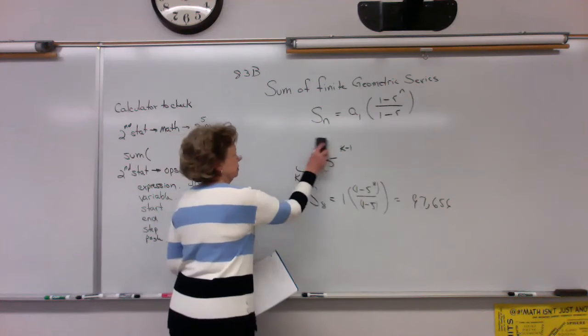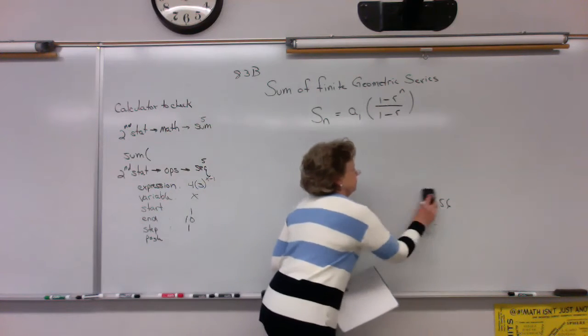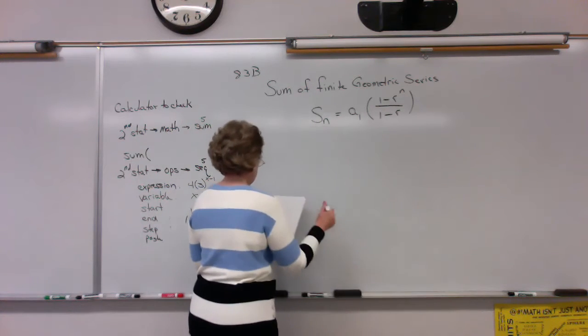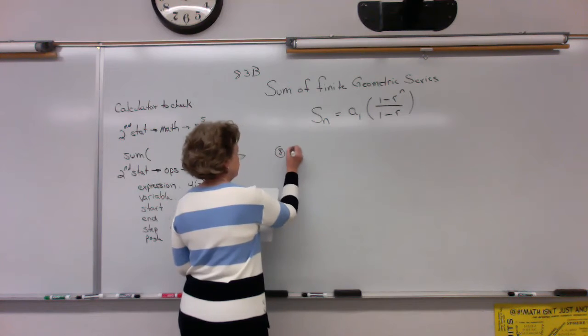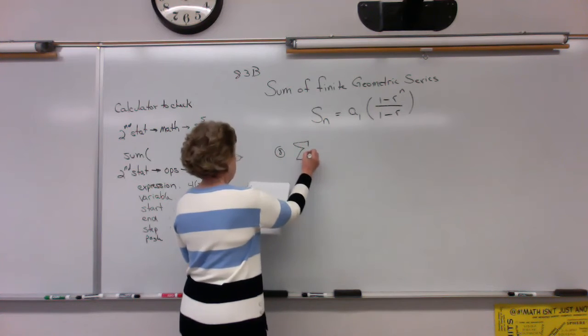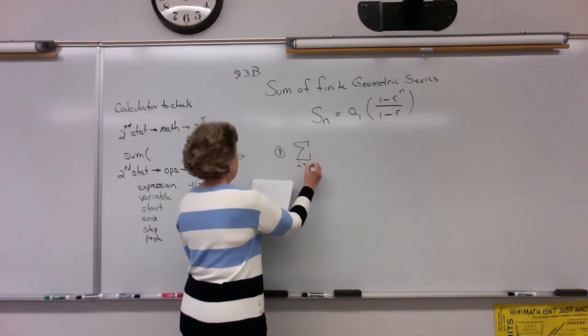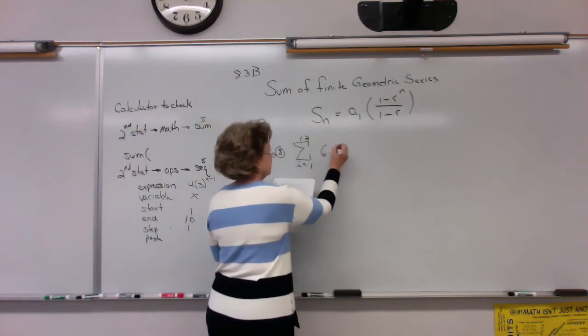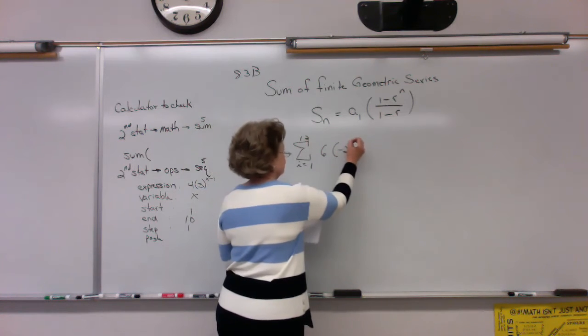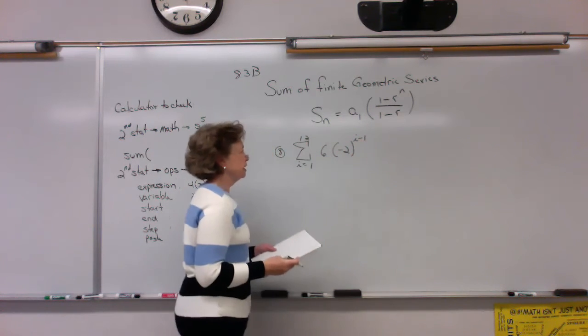Number 8 was asking you to find the sum as i ranges from 1 to 12 of 6 times negative 2 to the i minus 1.